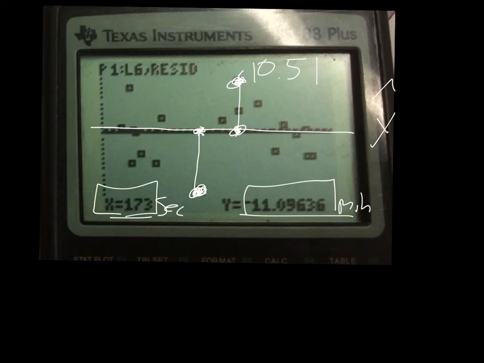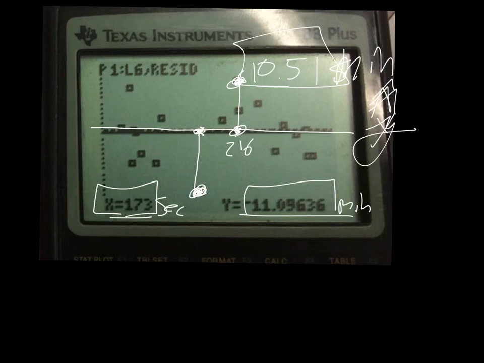And in tracing it, I can see that the residual was 10.51, which means that the actual data point was 10.51 higher than the predicted, and the x right here is 216. So when the eruption lasted 216 seconds, the interval until the next eruption was 10.51 minutes longer than what we expected from the y hat equation. All right, and that's what a residual is.